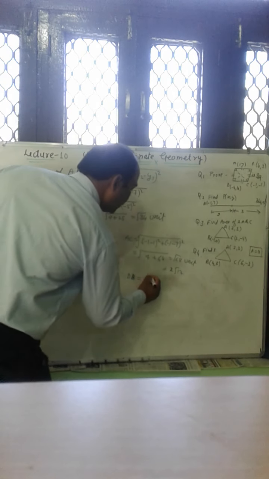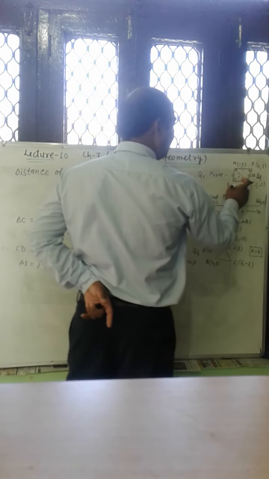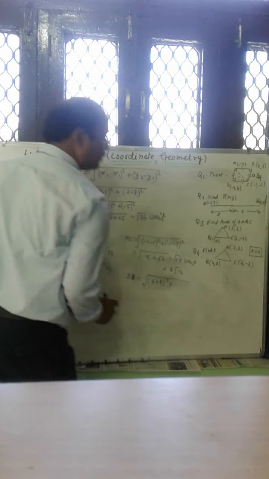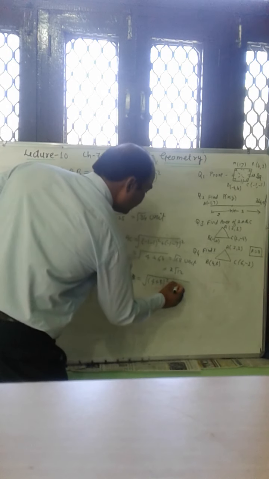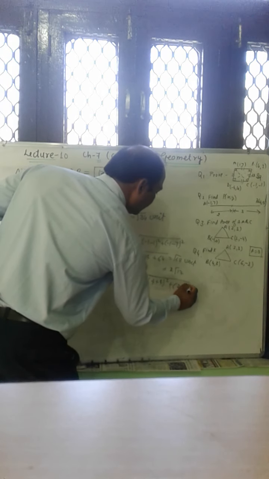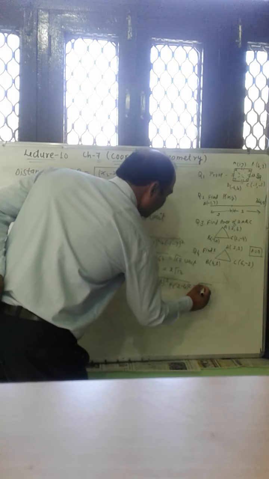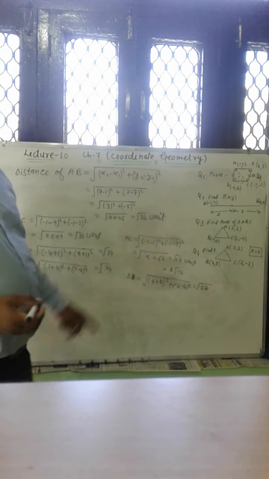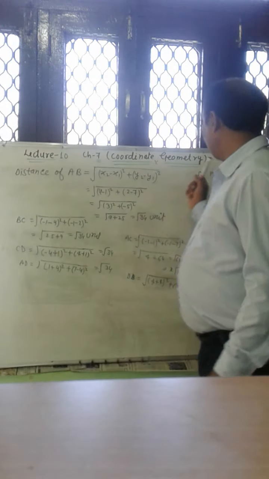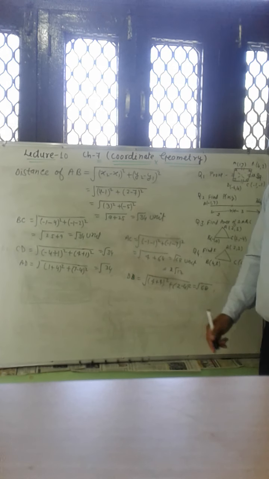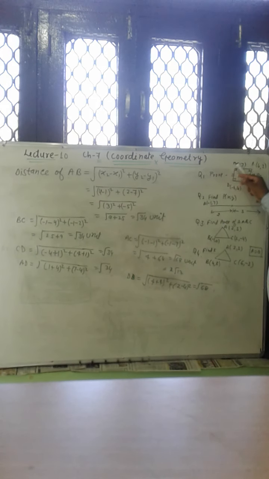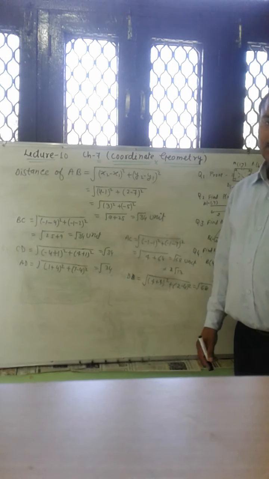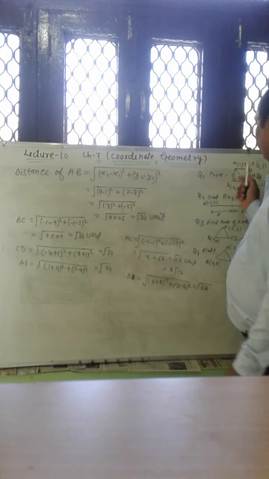BD equals root of (4 plus 4) squared plus (2 minus 4) squared, which is root 68. If all four sides are equal and both the diagonals are equal, then this quadrilateral ABCD is a square. Hence the proof for the square.